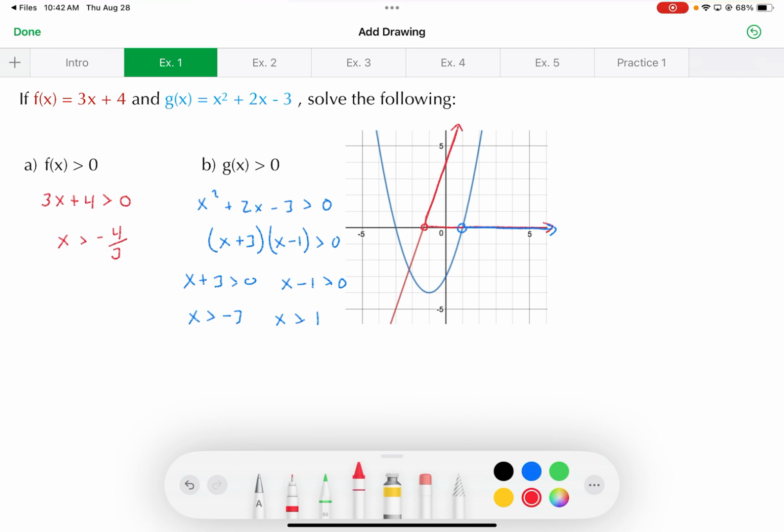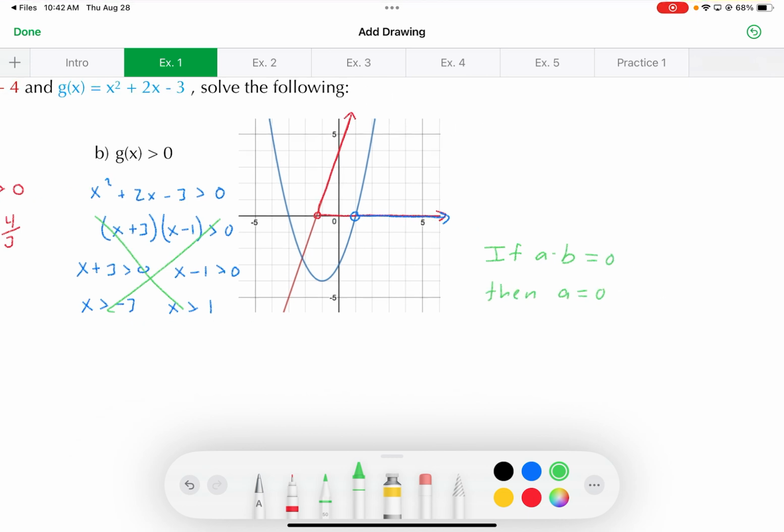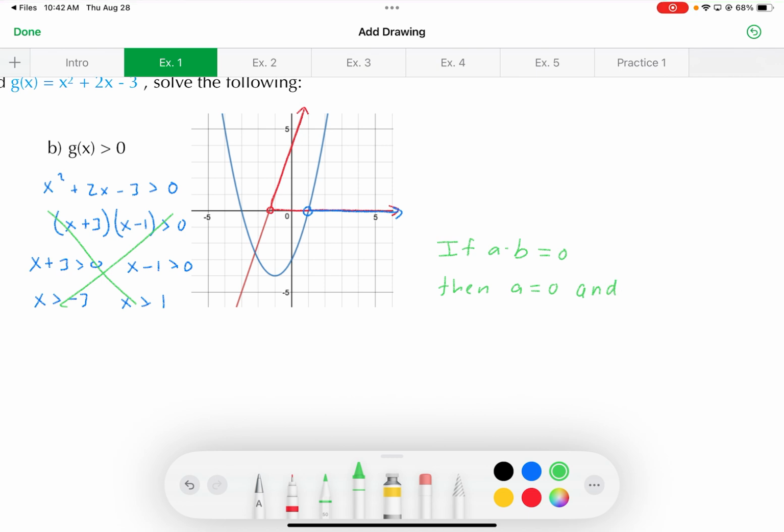So the student that takes this approach over here is misapplying the property that we use to solve quadratic equations. We use the zero product property. It says if A times B equals 0, then A equals 0 or B equals 0, right? Is that true?